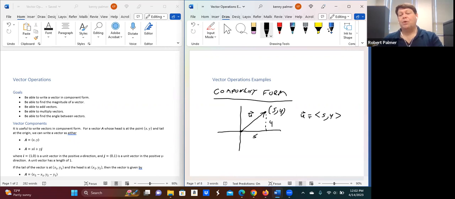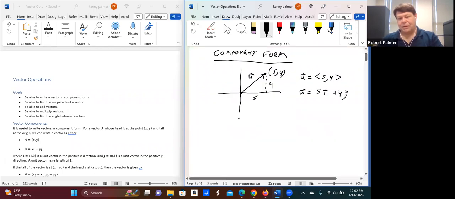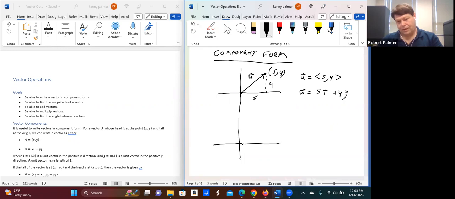Another way is with what are called unit vectors, and we'll explain unit vectors a bit more later. But we can also write u like this, where we'd have 5 times i, and once again, i itself is a vector, plus 4 times j. Okay, and what i and j are, let me explain those below here. Okay, if we have a vector, in fact, let me change colors here. It makes it a little bit easier.